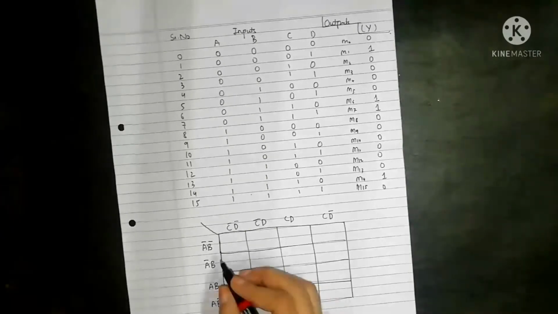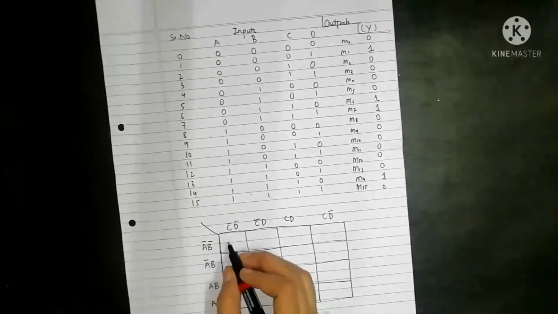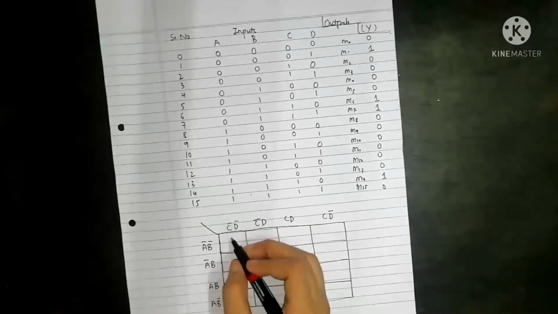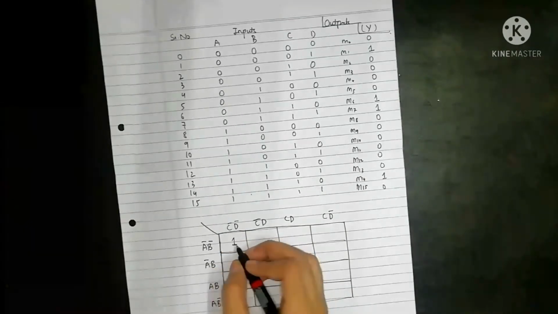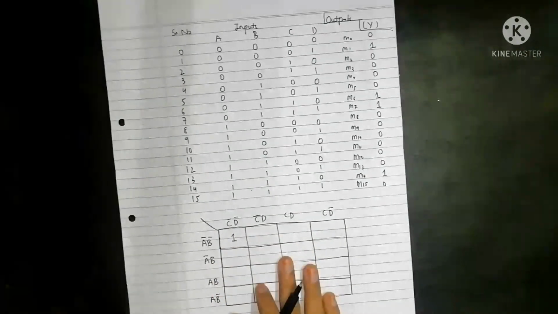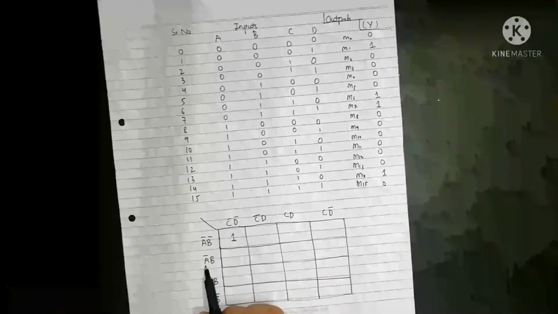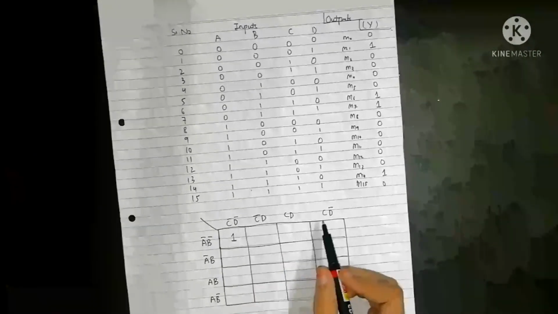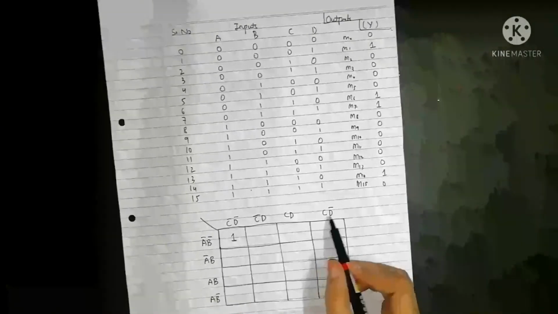For A bar B bar C bar D, I have 1. So for A bar B bar C bar D, first row, first column, I will write 1. Then A bar B C D bar, so here I will have 1.